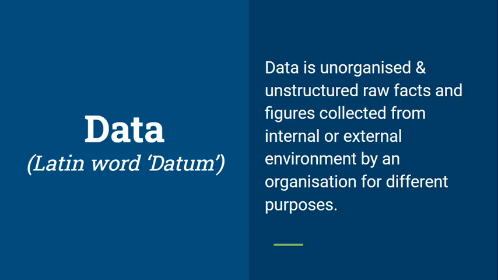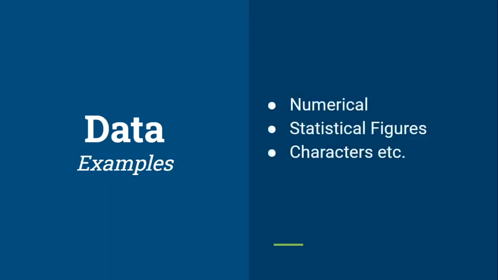Now, if we move into the examples of what these data actually are, we will see data may be numerical, data may be any statistical figure, data may be any character. So it may be the name of any individual, name of a place, dates, or any sort of number that does not have any meaning of its own.